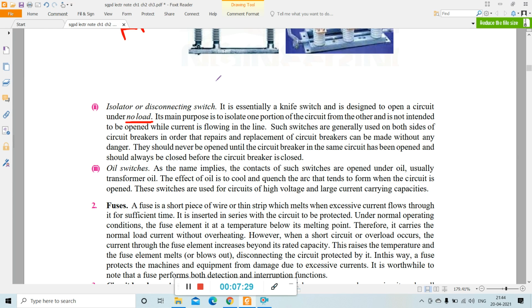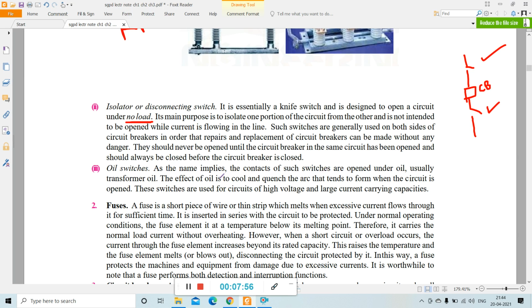Such switches are generally used on both sides of the circuit breaker. I already told you, if this is a circuit breaker, then on both sides of this circuit breaker isolator switches are used. So these are the isolator switches and this is circuit breaker. Okay, clear?